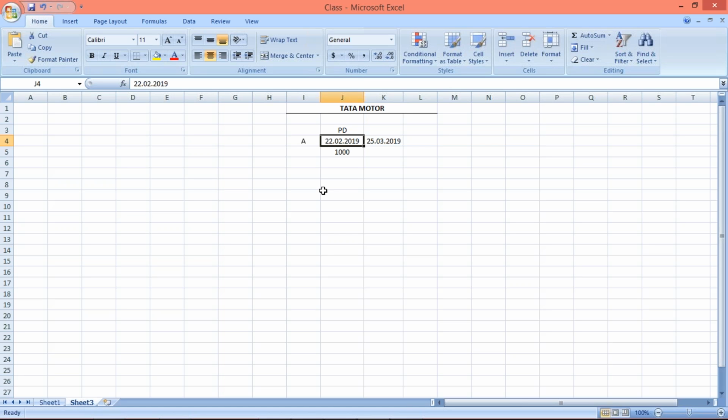So this person has posted this transaction in February month, and now it is going to be due in March month. So it was posted in February month, and in March month it becomes due.